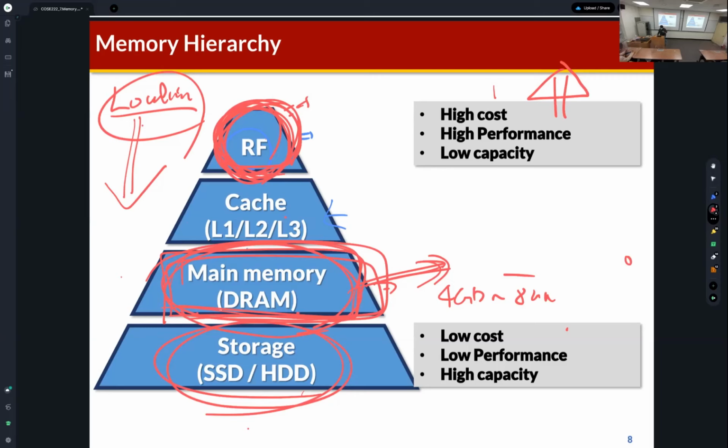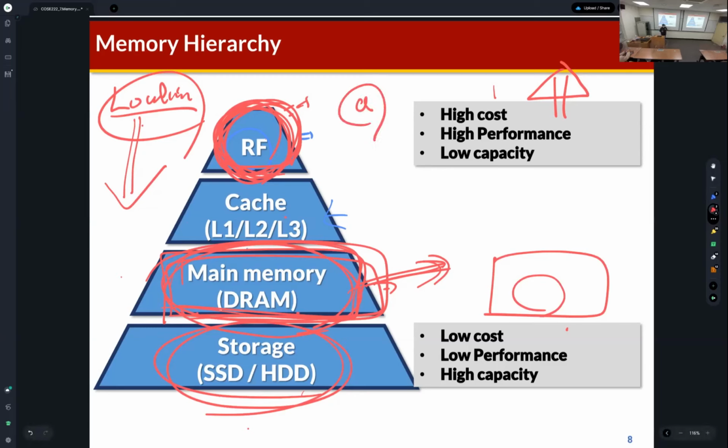Let us assume all of the data is in the main memory, and our program accesses variable A again and again, 100 times, for example. Let us assume that the latency of loading this data from the main memory is around 100 cycles.